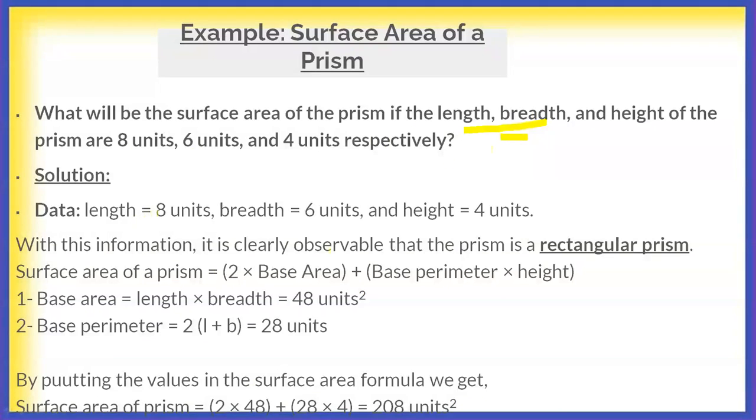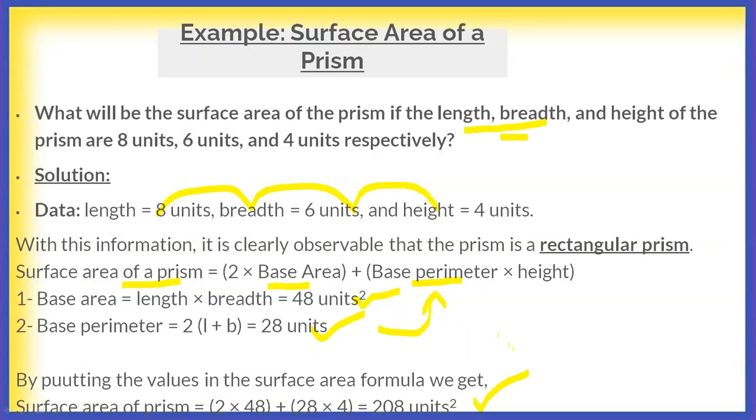We know the surface area of a prism is 2 multiplied by base area, plus base perimeter multiplied by height. So we are finding the base area first and then the base perimeter by adding sides, length plus breadth. Then we substitute the values inside the formula.